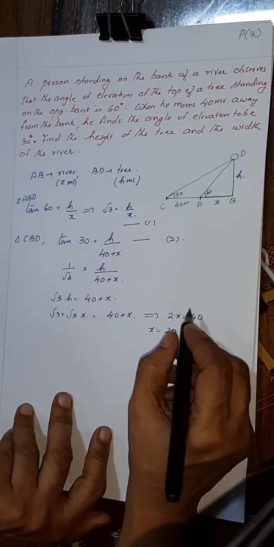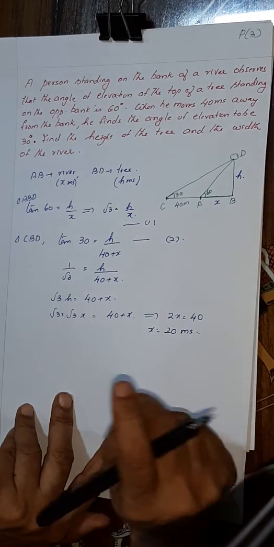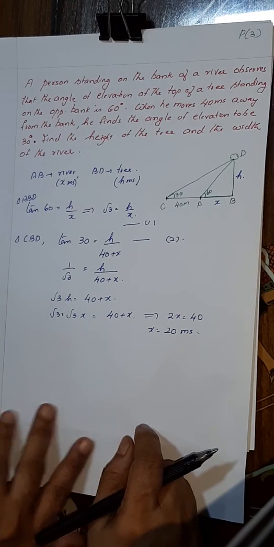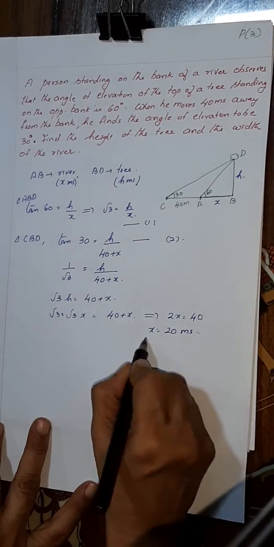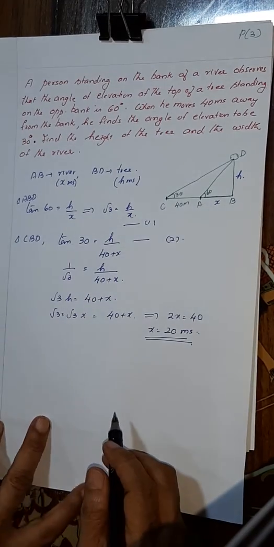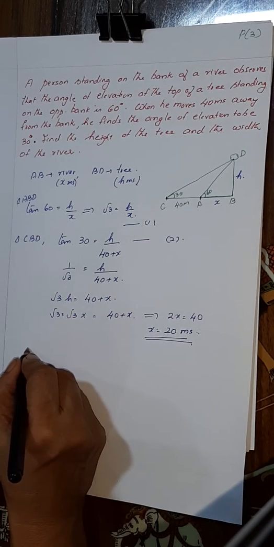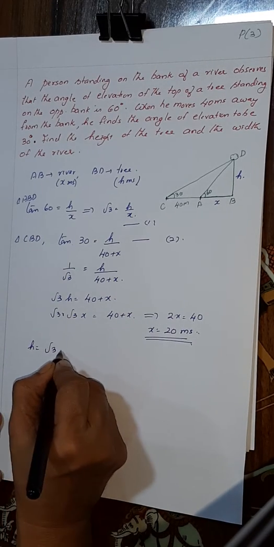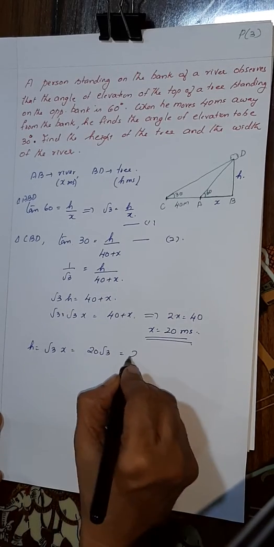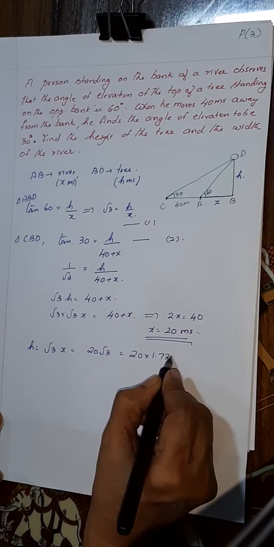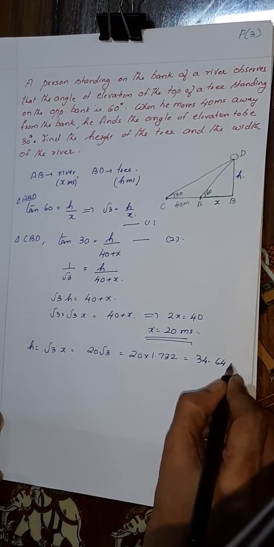It is somewhat similar to the previous problem. So, x is equal to 20 meters you get. Now, you have to find the height of the tree. So, h is equal to root 3 into x. So, 20 root 3. So, 20 into 1.732. So, this is equal to 34.64 meters.